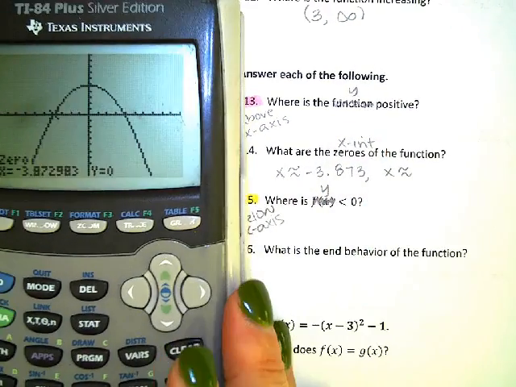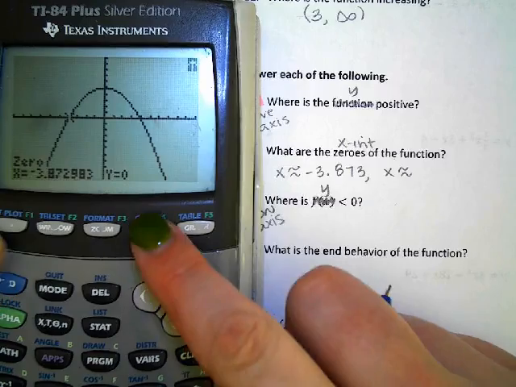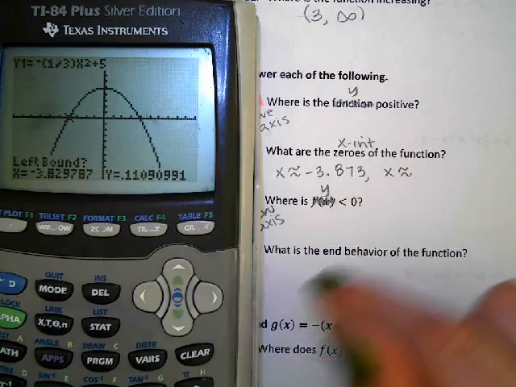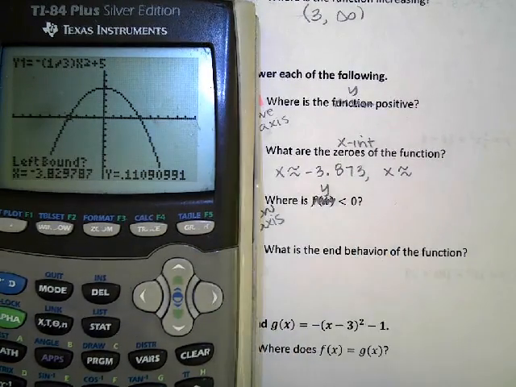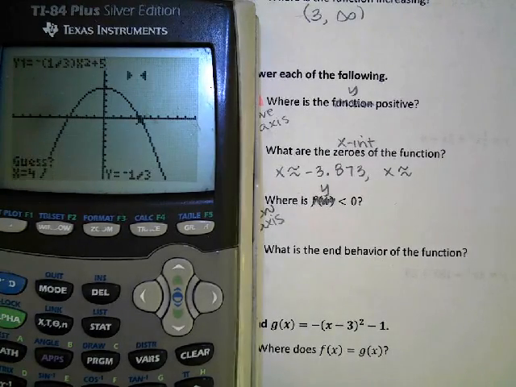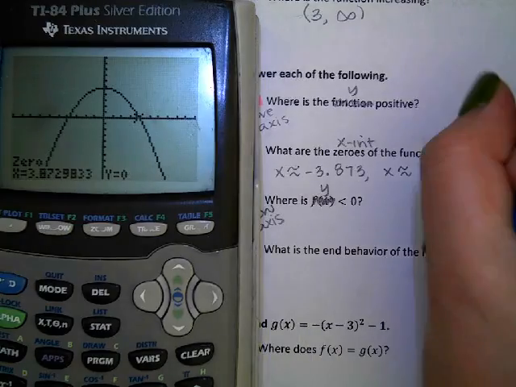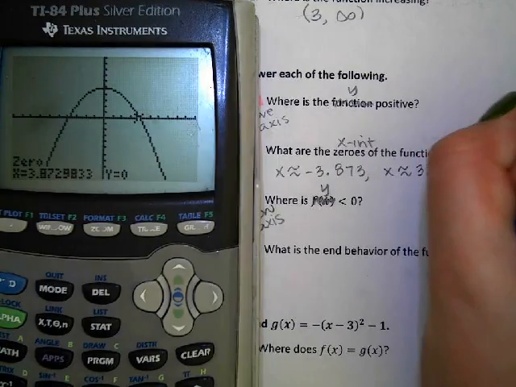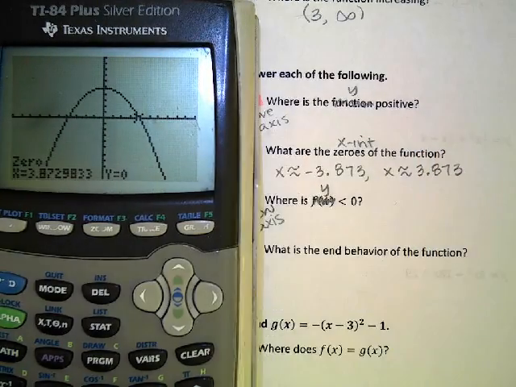And then it's going to have some symmetry, so assuming that the right side is the positive version of this, but we can still do our left bound and right bound.